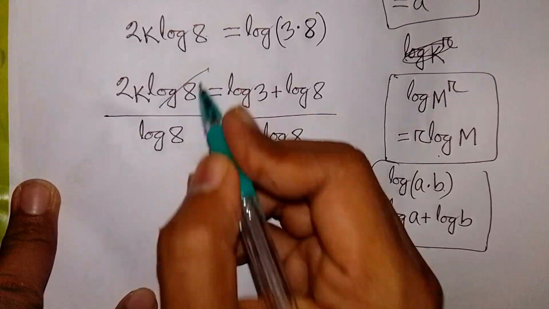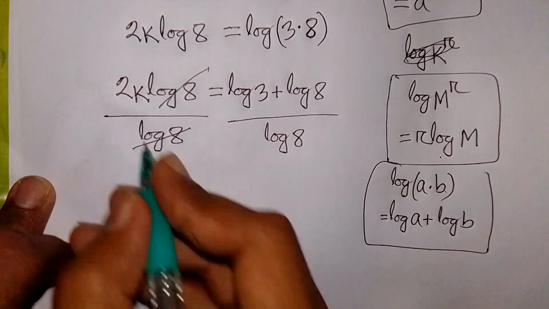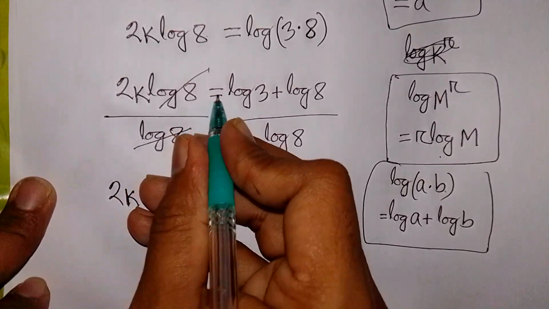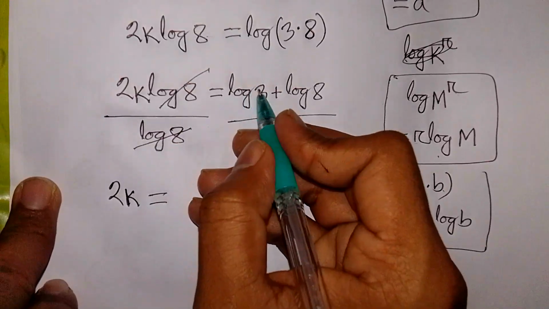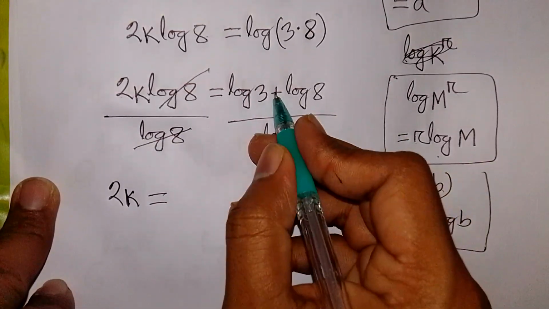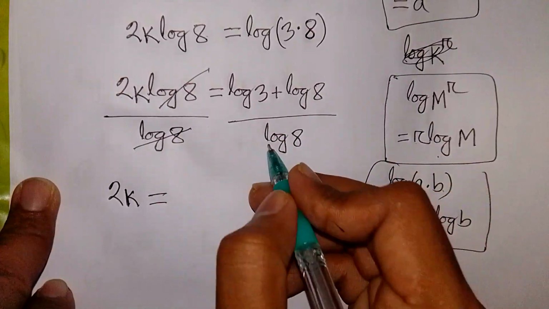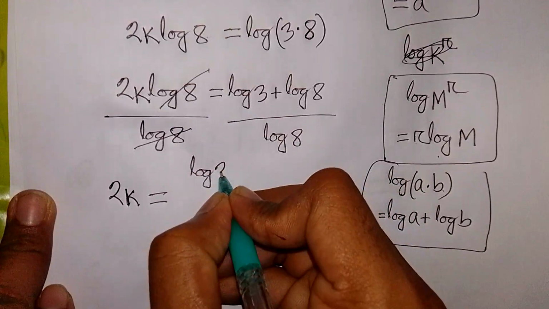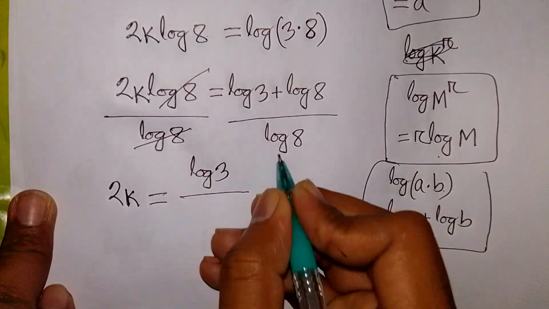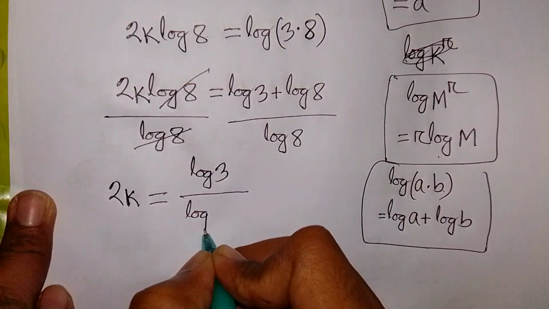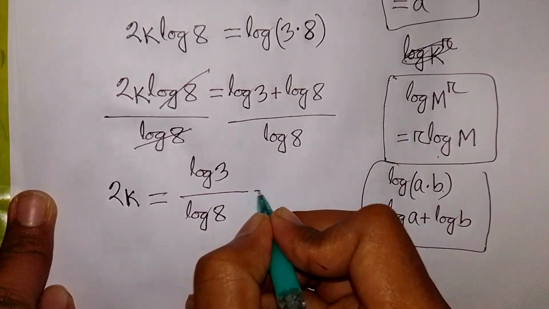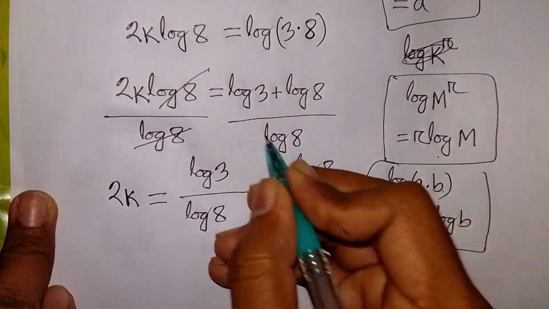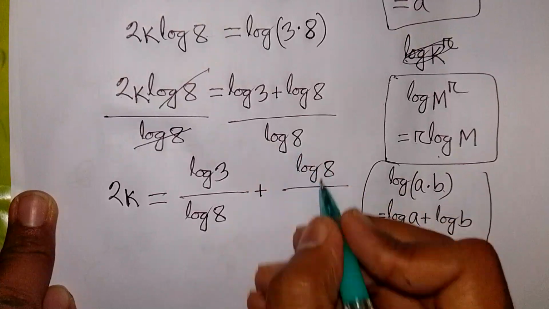So this log 8 will be cancelled. Here, 2k is equal to this part over log 8 plus this part over log 8. So here log 3 over log 8 plus log 8 over log 8.